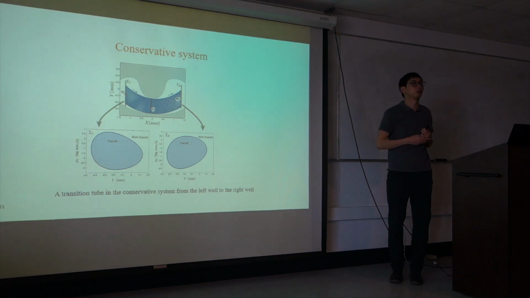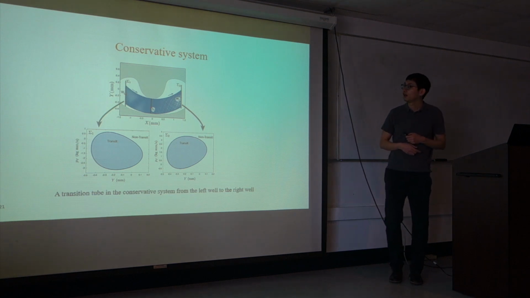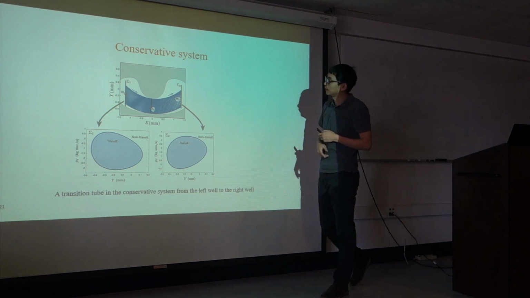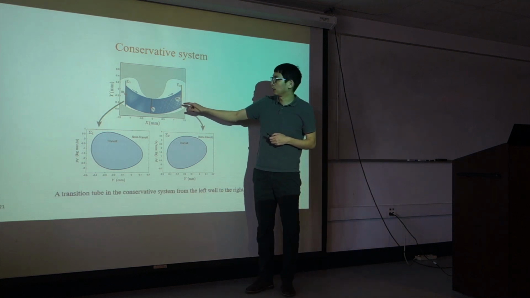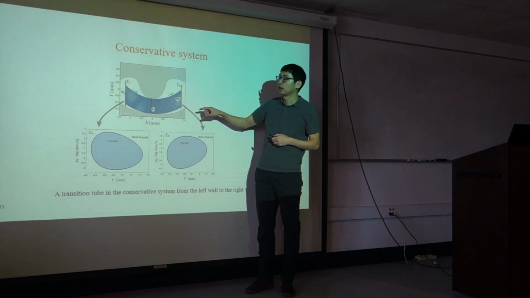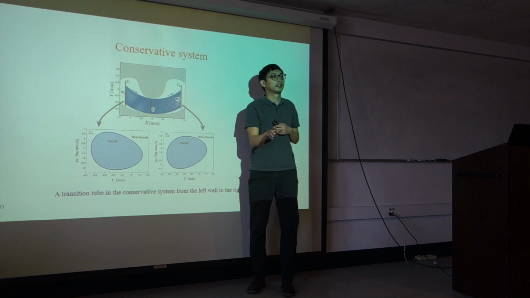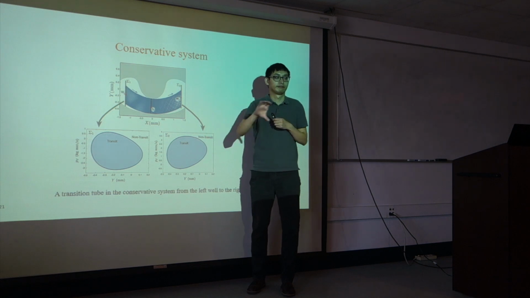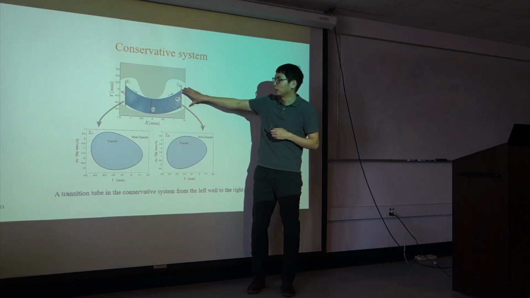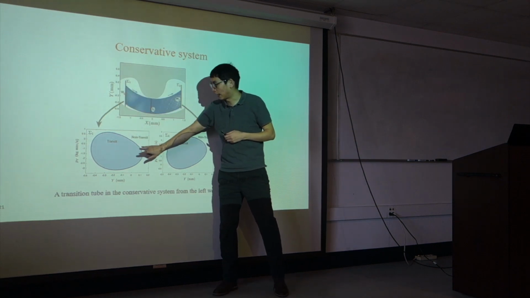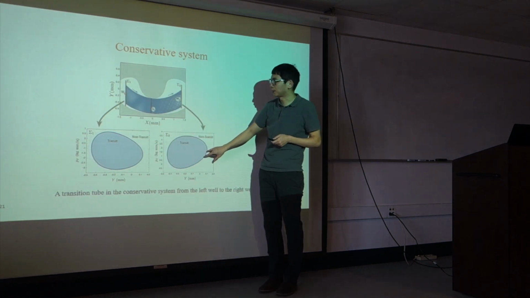This is the transition tube for the nonlinear system in the conservative case. This is a projection onto the position space. In the linearized system, the strip is straight, but here the strip is curved. And I gave two puncture sections.